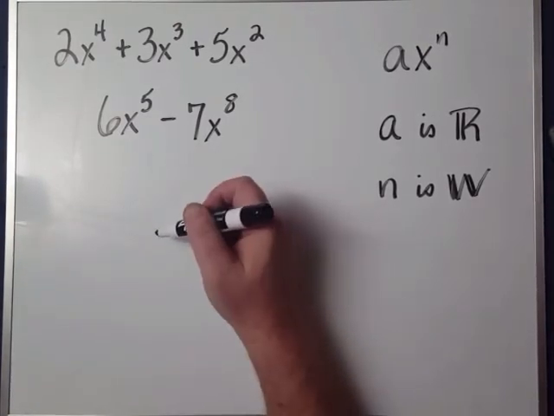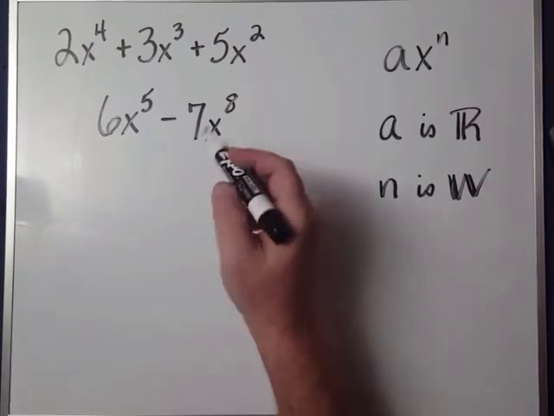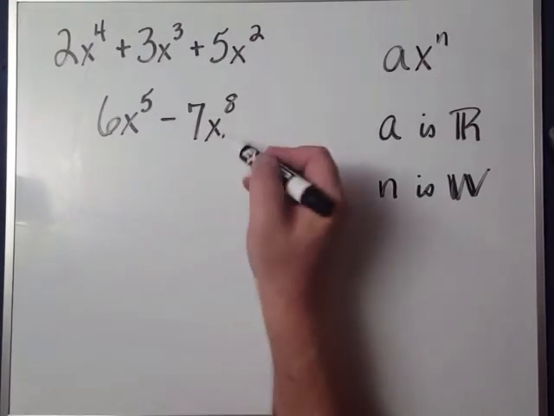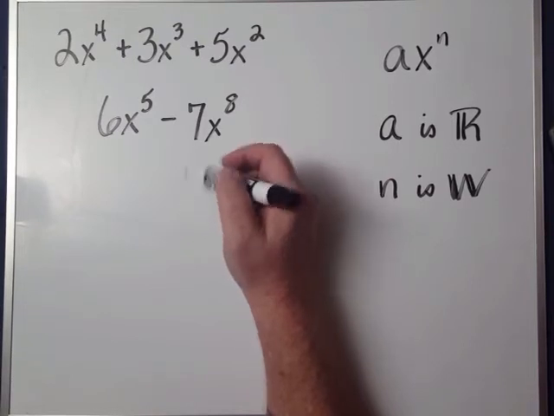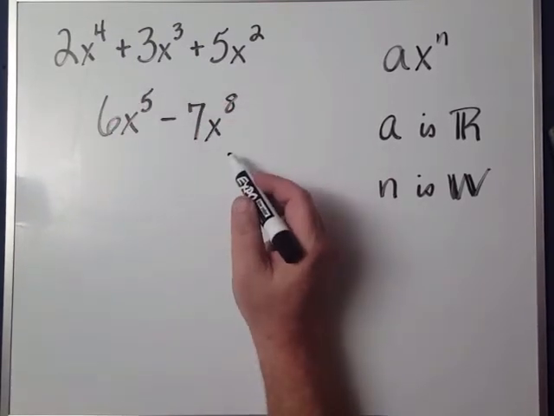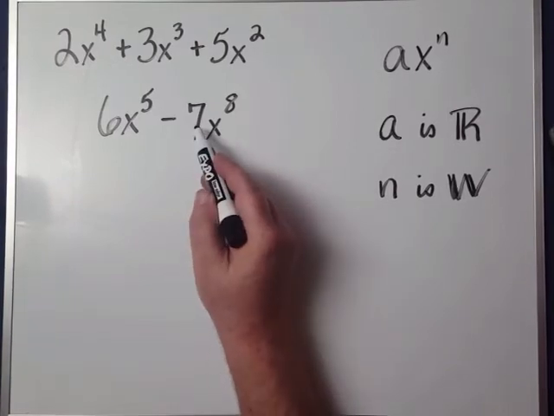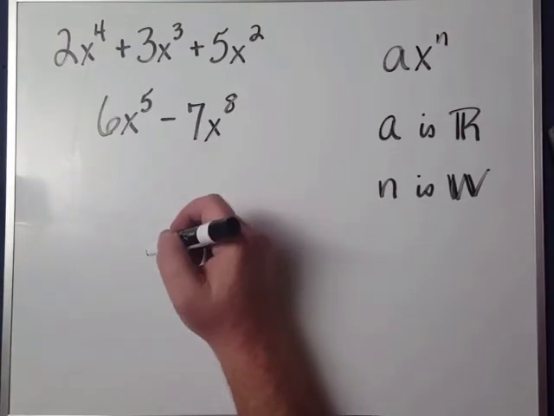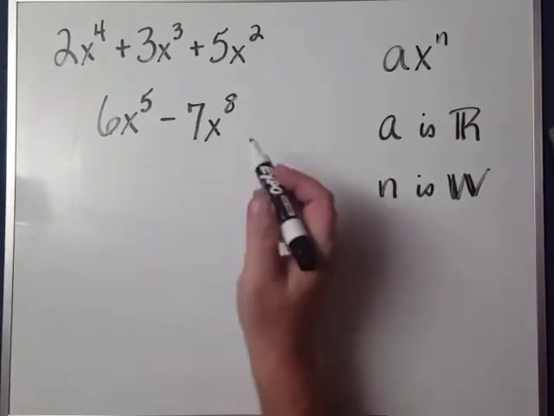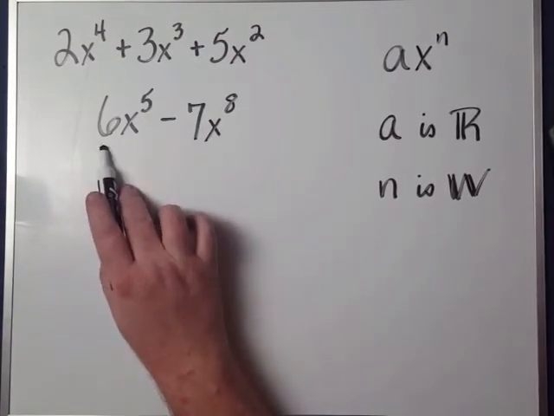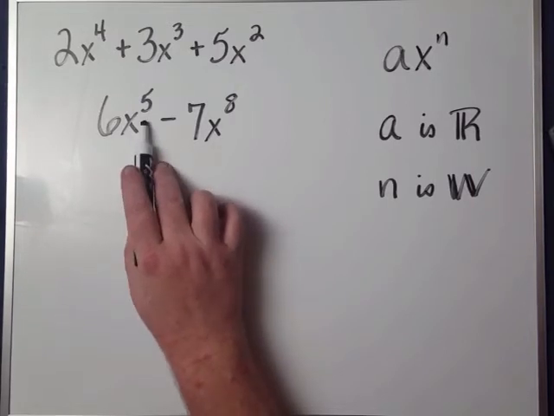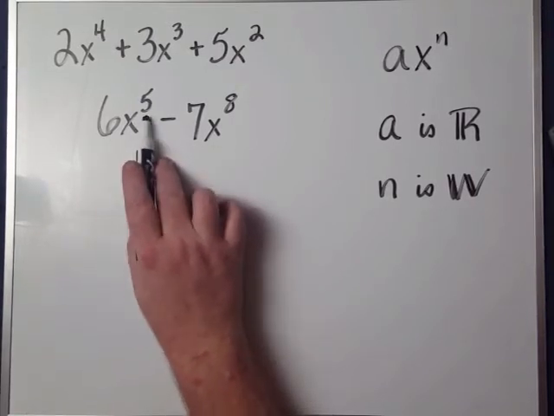But we think of this in terms of addition by thinking of this as plus a negative 7x to the eighth. And so I can consider this a term, knowing that that sign belongs to that term, that sign belongs to its coefficient. And each of these terms looks like ax to the n, where the coefficient is real and the power is whole. 6 is real, 5 is whole.